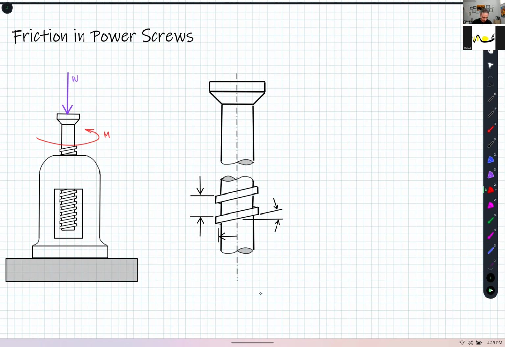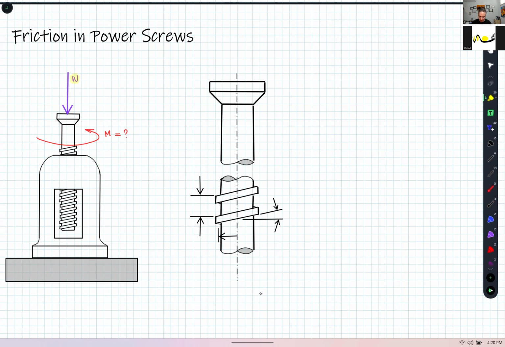Suppose the question that I wish to find out is what value of torque M I need to apply for lifting a particular load, W.